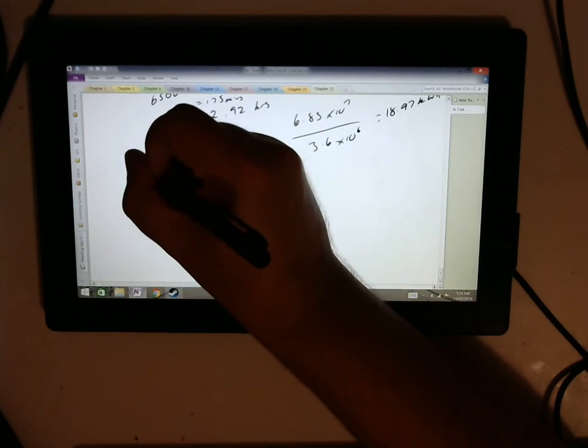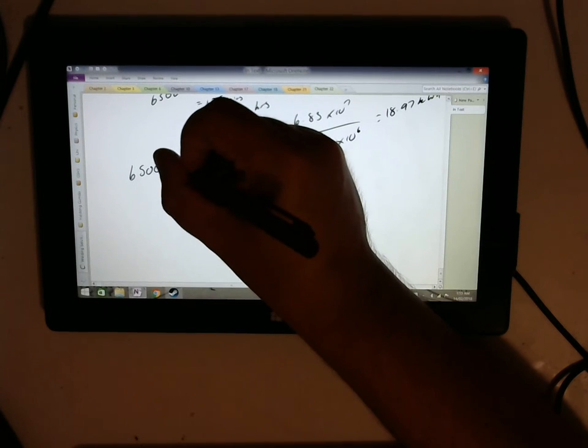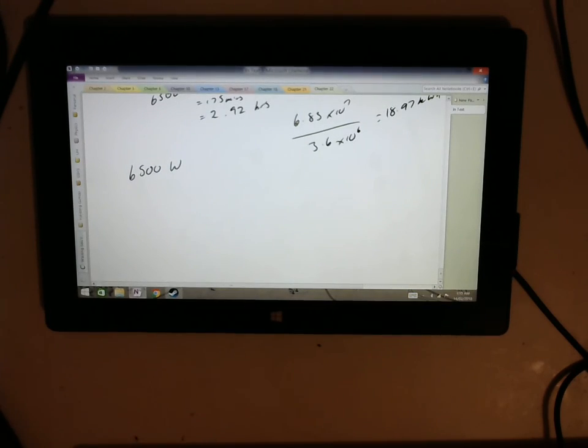We have this device at 6,500 watts, so it's joules per second. We would need to divide this number by 6.5 to get it down to a kilowatt. That means it would use 1 kilowatt of energy in a fraction of a second. Let's try to work out how large that actually would be.